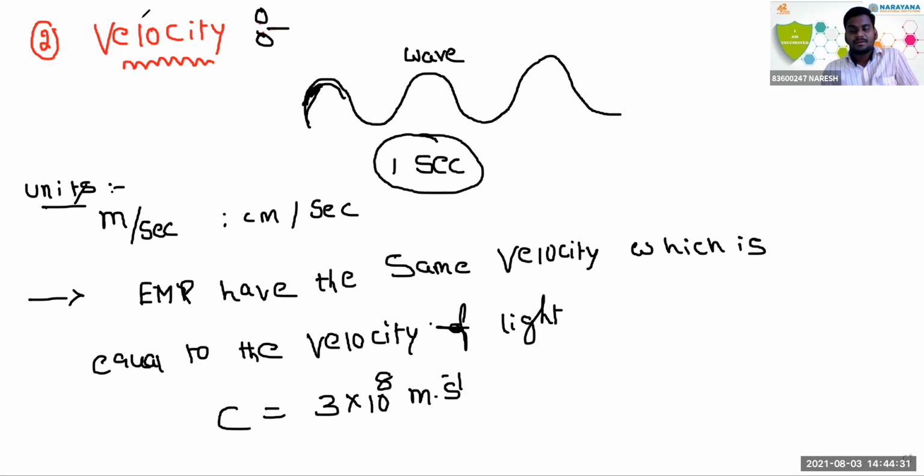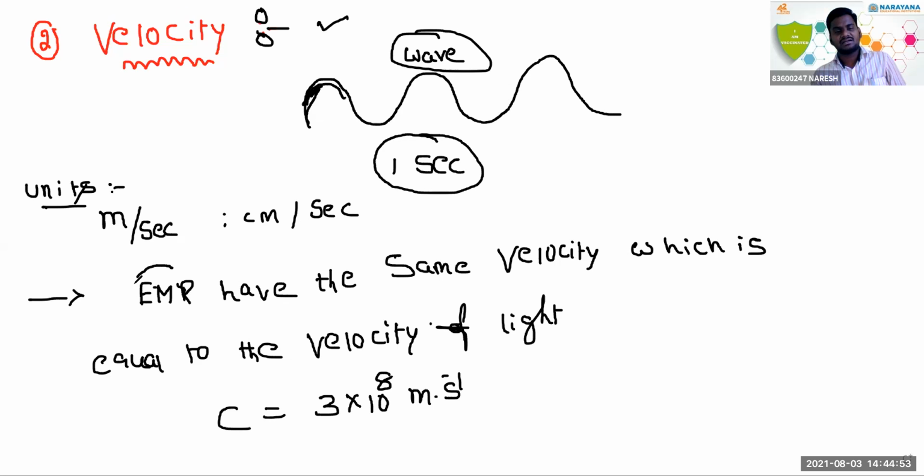Listen carefully. What is velocity? The distance traveled by the wave in 1 second time is called velocity. The units are meter per second or centimeter per second.